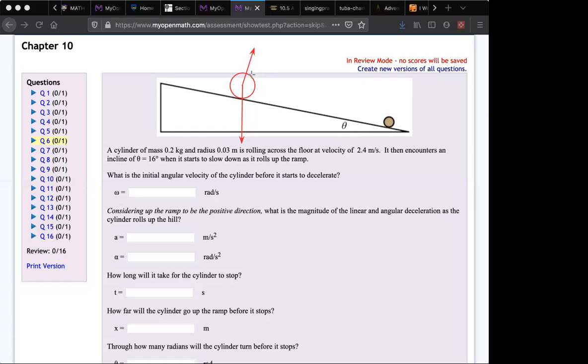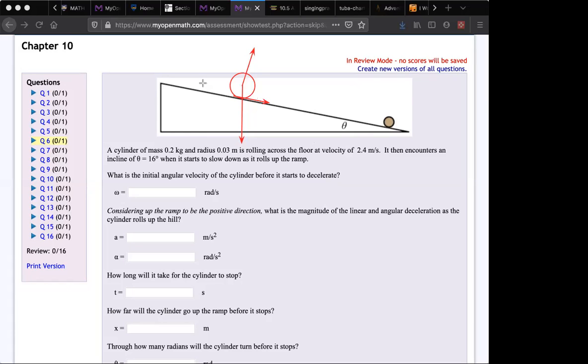And since this thing is rolling up the ramp, the friction is pushing this way. All right, rolling up the ramp, so the friction is this way. Okay, right.